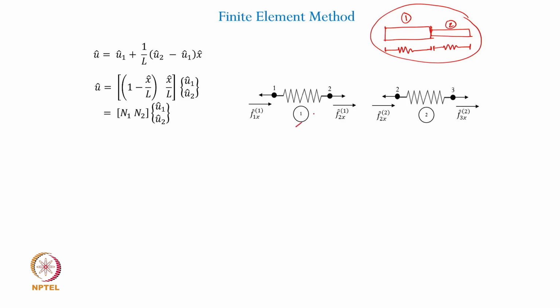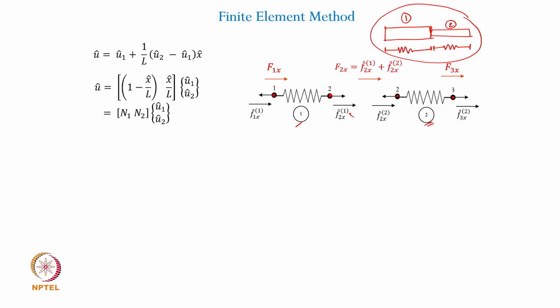So, this is your element number 1, this is your element number 2. Each of them has its own nodal displacements and nodal forces: F1x 1, indicating that it is pertaining to the first element, and F2x 2 and F3x 2 pertaining to the second element. And so, we can give node numbering here based on the local as well as global coordinate system. So, 1, 2 are the two node positions of element 1, whereas 2 and 3 are the node positions of element number 2. Now, how do we join them together?